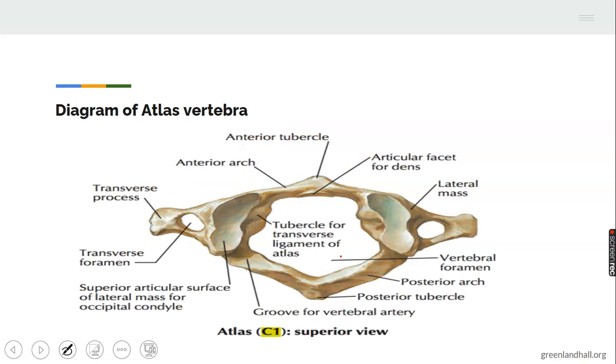The diagram of the atlas vertebra is what is shown there. This anterior tubercle is what is referred to as neural spine. You can see the diagram there.